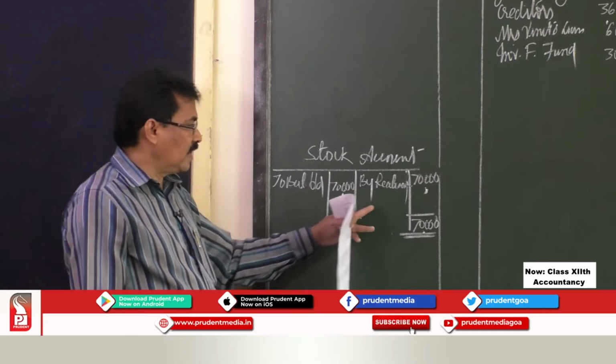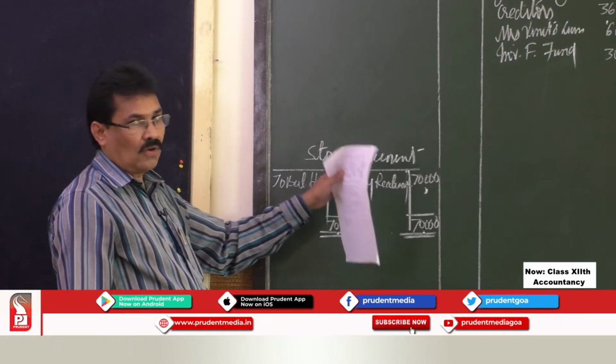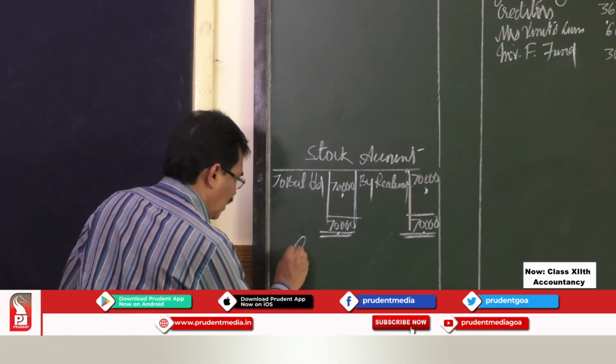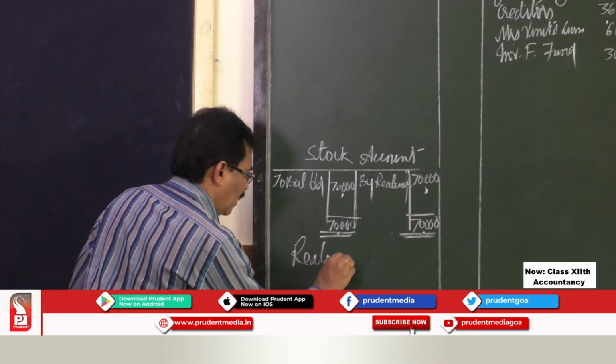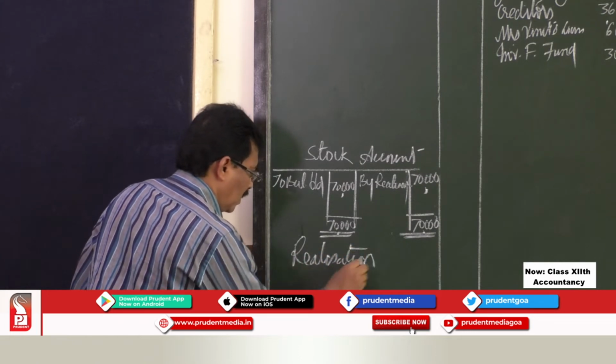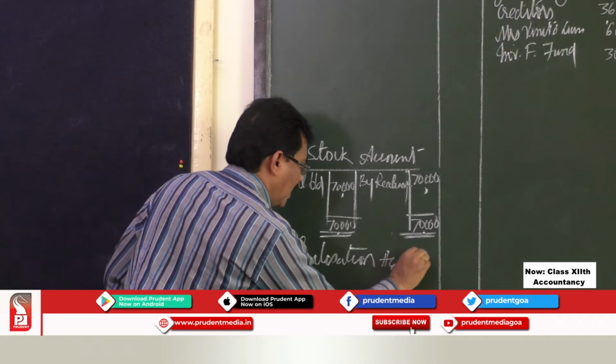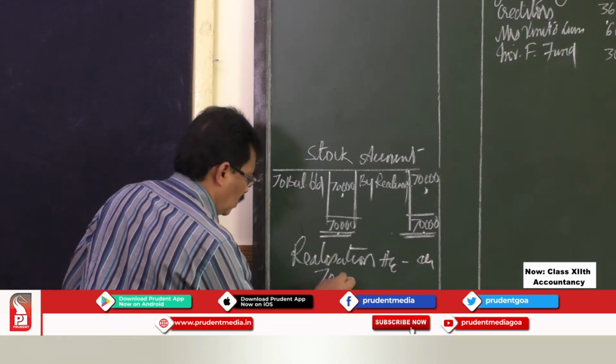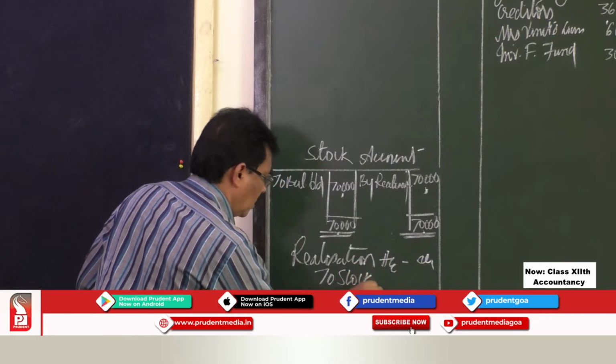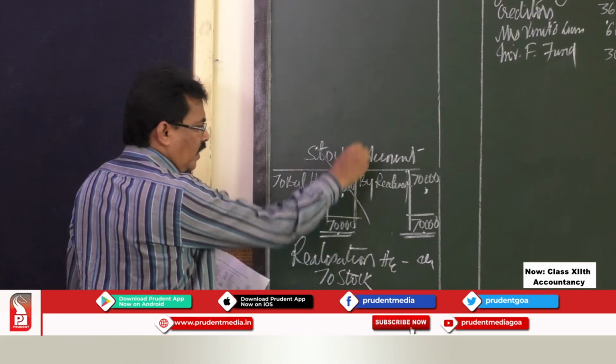So, how you read this journal entry? Realization account debit to stock account. So, this account is closed.